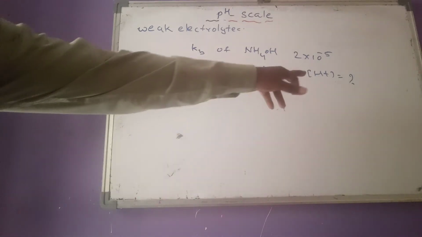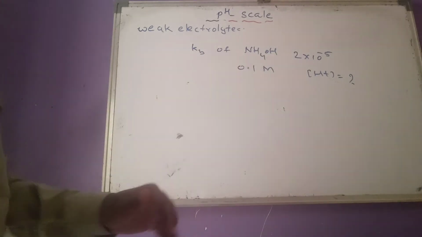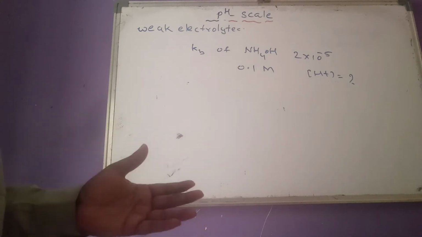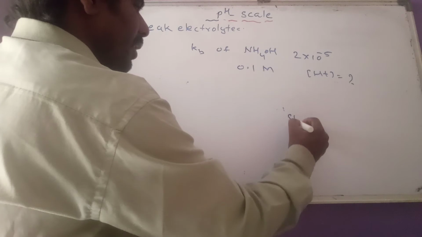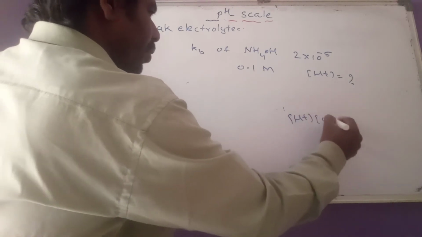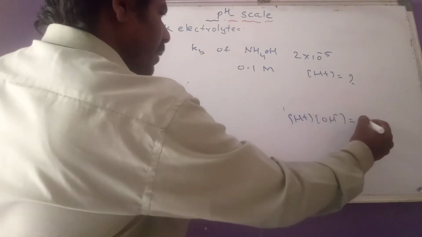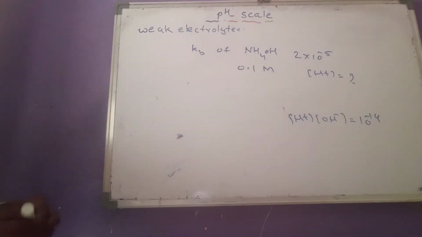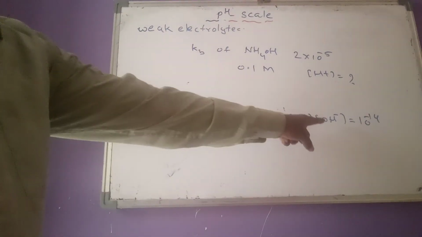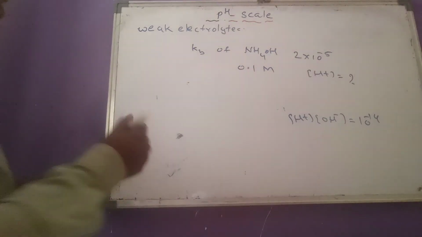First, to get the H plus concentration, we should know the OH minus concentration, because one relation we know is that the product of H plus and OH minus concentrations equals 10 power minus 14. So first let us calculate the OH minus concentration.